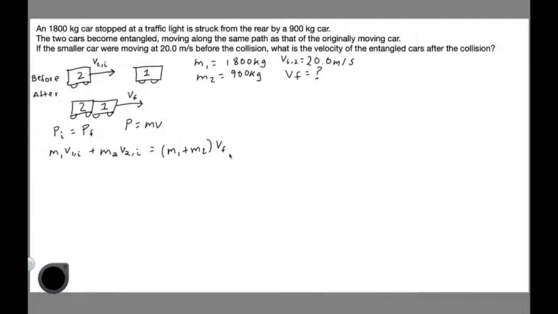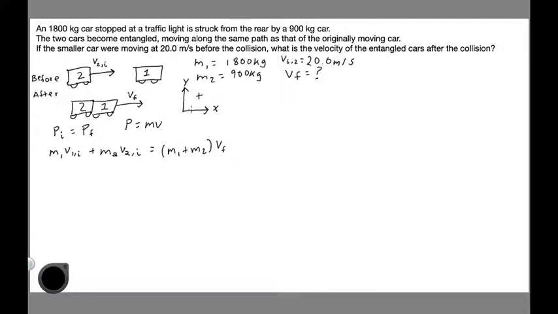Since the cars move along the same path as the originally moving car, the velocity of the entangled car, which is VF, will have the same direction as car 2, which is the positive X direction, or eastward. So if we draw our coordinate plane, if we call this coordinate plane our frame of reference, this is our y-axis, this is our x-axis.